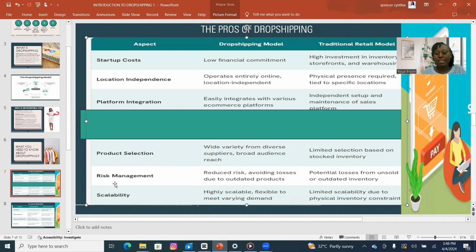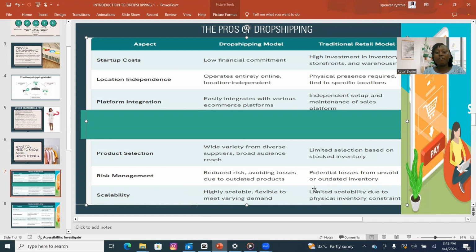Now we have scalability. Like I said, as a dropshipper, you have the ability to sell anything you like. You can sell anything from foodstuffs to kiddies, to female, to male, perfumes, creams, beauty products, whatever it is, and you have the ability to scale up your business. But a supplier is limited.